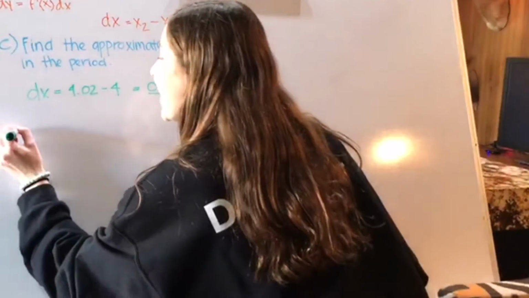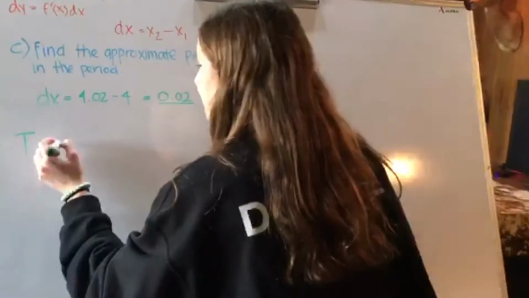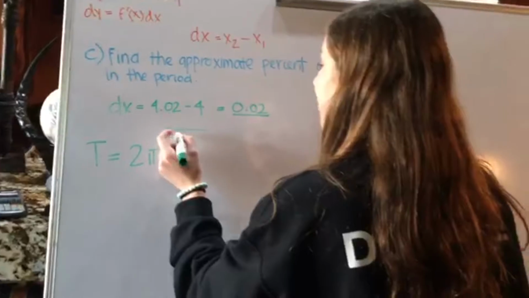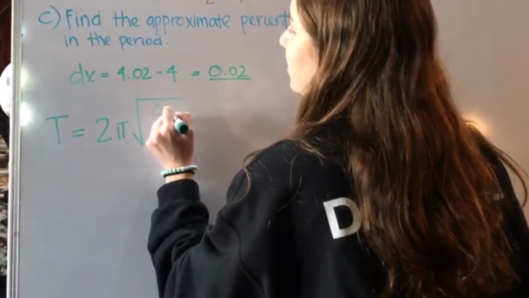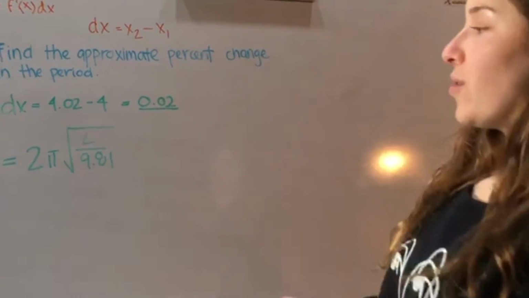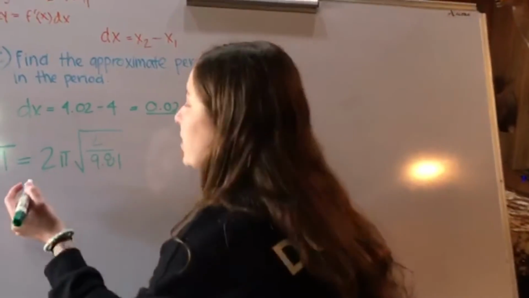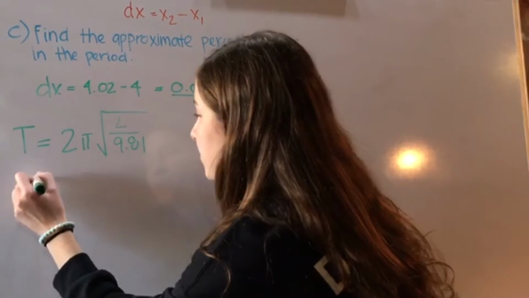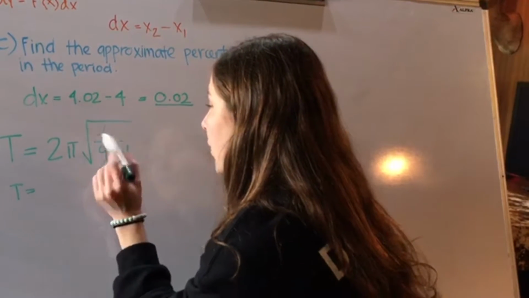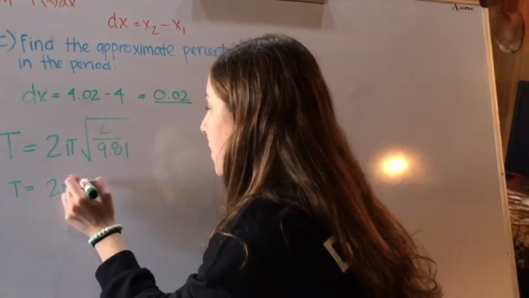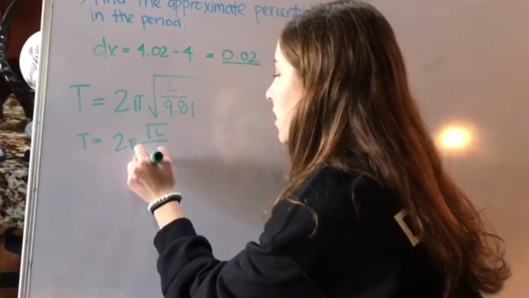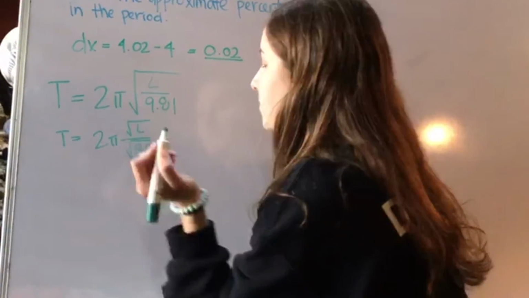The formula was T equals 2 pi times the square root of L divided by gravity, that was 9.81. First of all, we separate both with the square root. So 2 pi over the square root of L times the square root of 9.81.